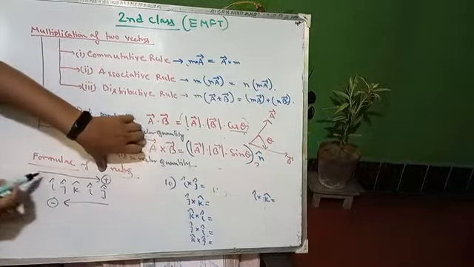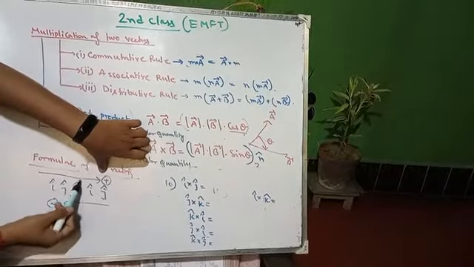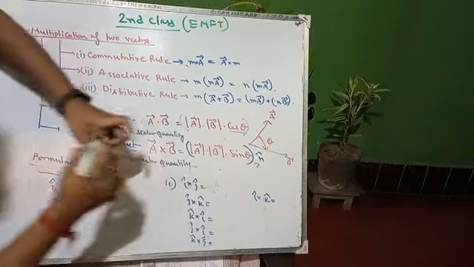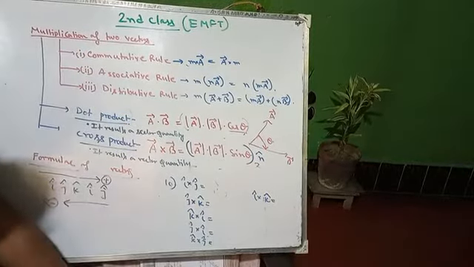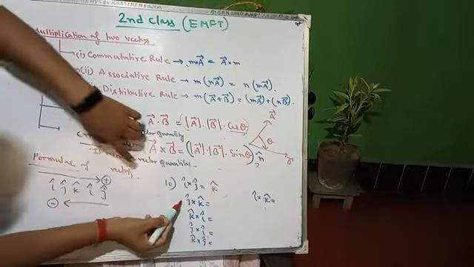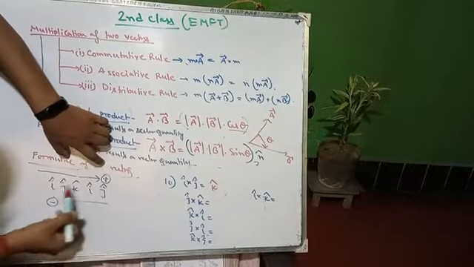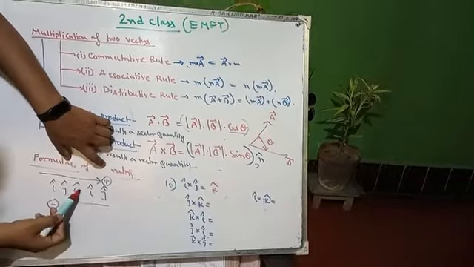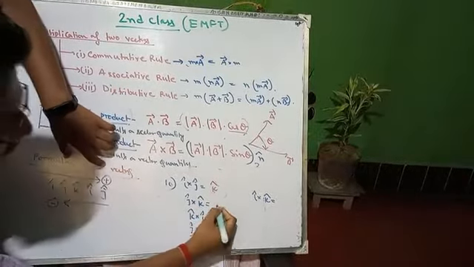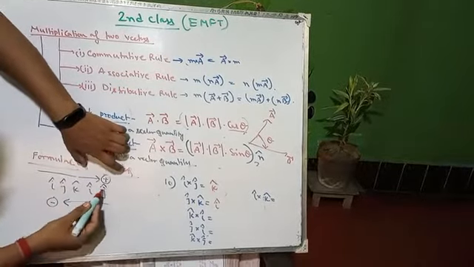It will be k cap. And j cross k follows the same left to right movement of this sequence and shows plus I, it will be I cap. And similarly k cross I will be plus j.